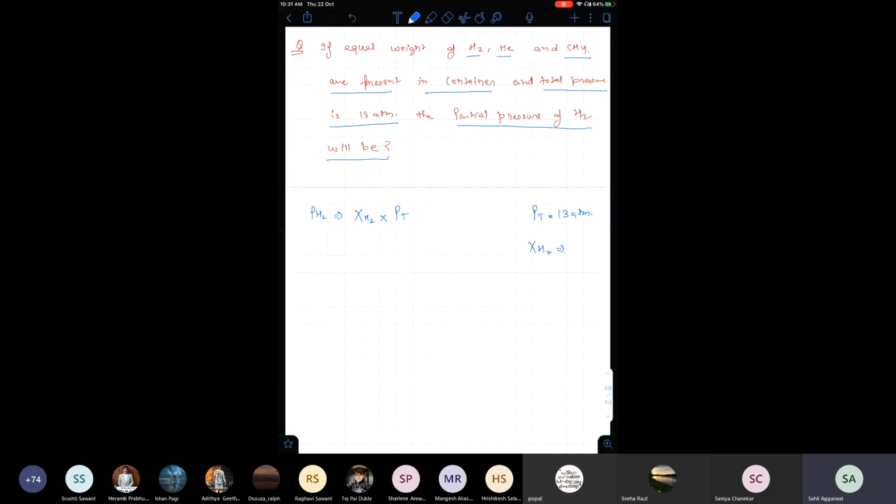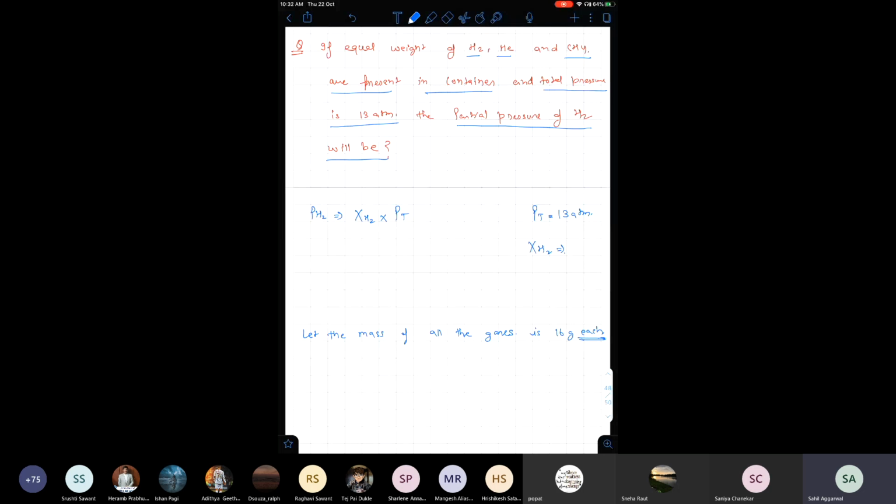For that, let the mass of all the gases be 16 gram each.